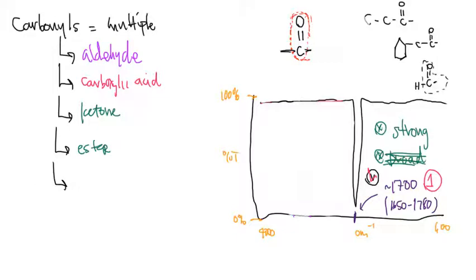The first one I'm going to discuss is a ketone. And a ketone group has to have a C double bond O. That has to be there. So for a ketone, what happens is that this molecule is sandwiched in between two carbons at least.